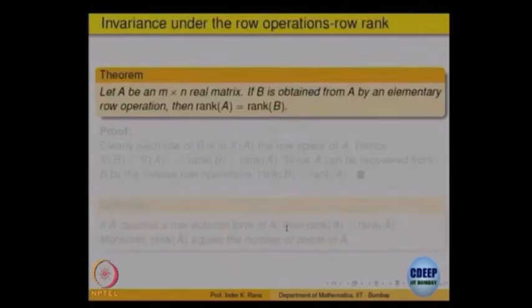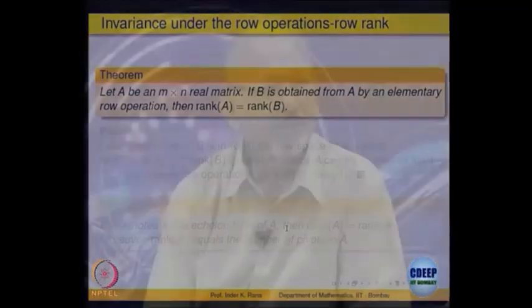So, here is the first theorem about the row rank. Supposing A is a given matrix and you apply row operations to it, the rows will change. Whatever the elementary row operations were, one was interchange of two rows, another was adding one row to another, or multiplying a row by a non-zero scalar.